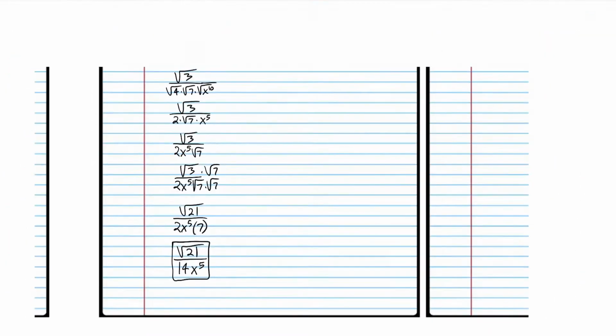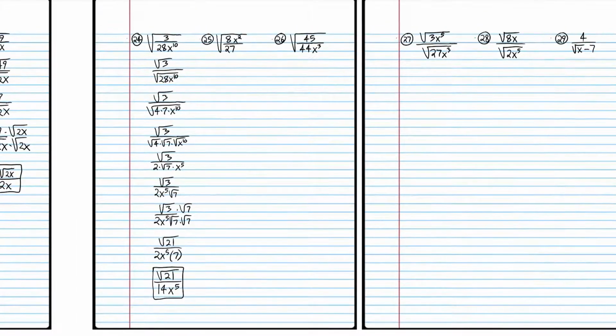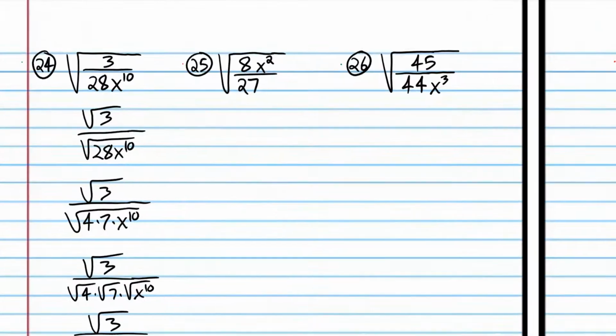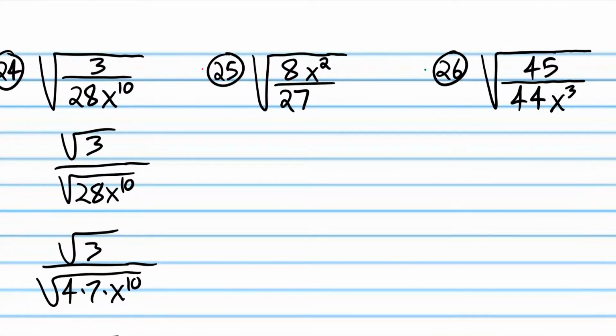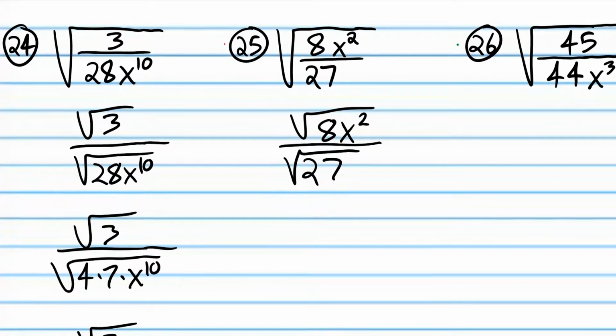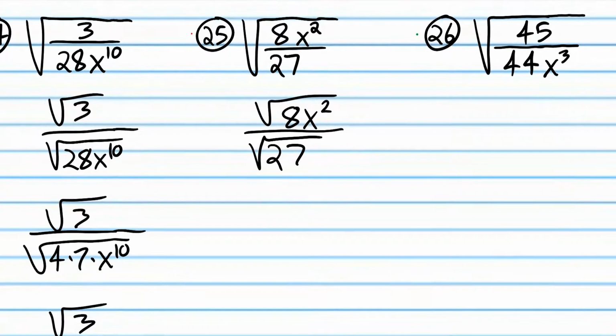So if you got that one right, good job. All right, number 25. Let's do this one together. So now we have perfect square factors in both the numerator and the denominator. So each of these problems is getting a little bit harder. So now we're going to factor the numerator.